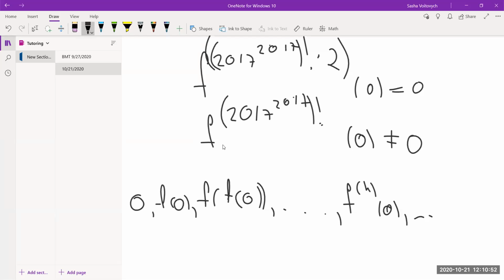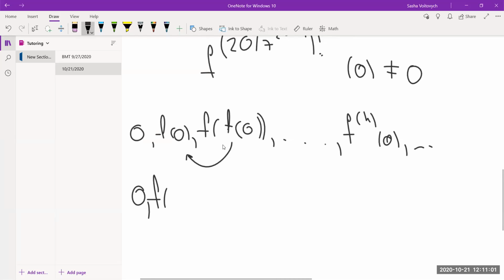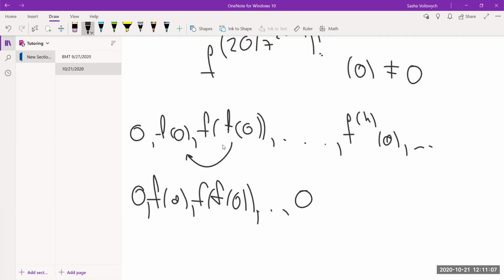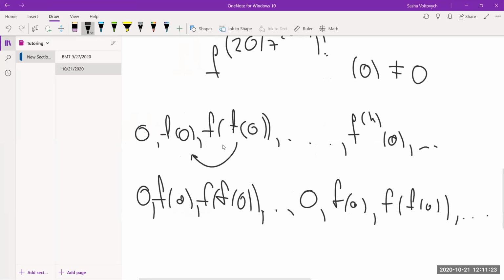Why? Because the next term is completely determined by the previous term. So if we have 0 somewhere in this sequence, then the next term would be f of 0 again, and the next term would be f of f of 0 again, and so it is going to repeat itself.